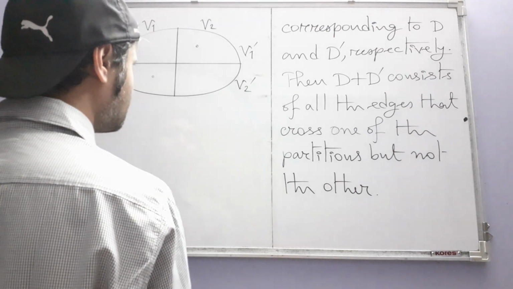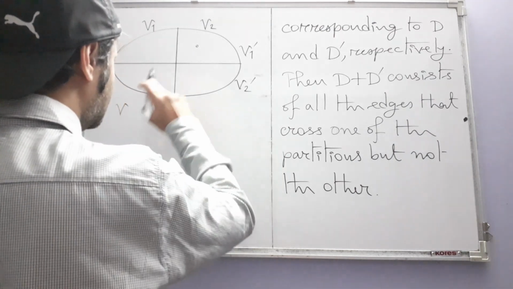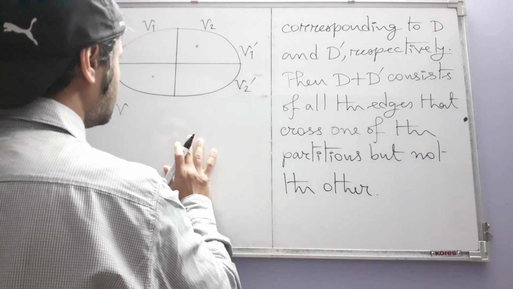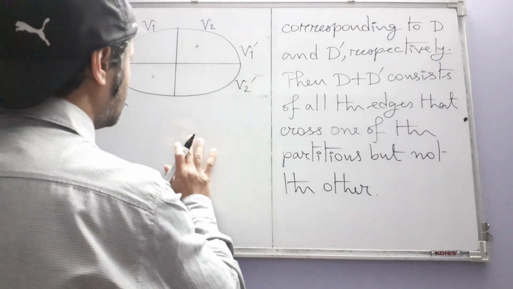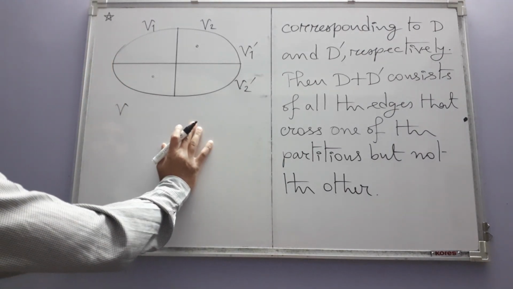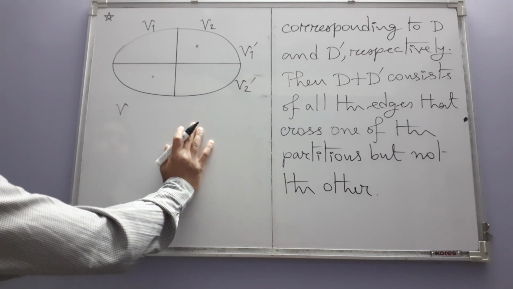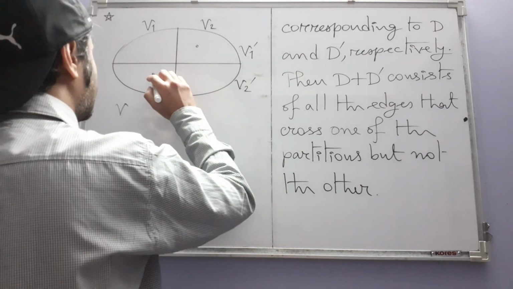But then what is the problem? Why did I say that we cannot have an edge like this? I got confused. Oh, because, okay. Yeah, now I understand.